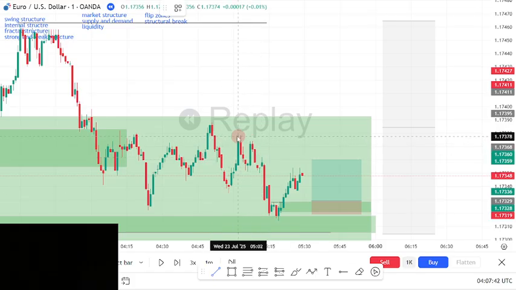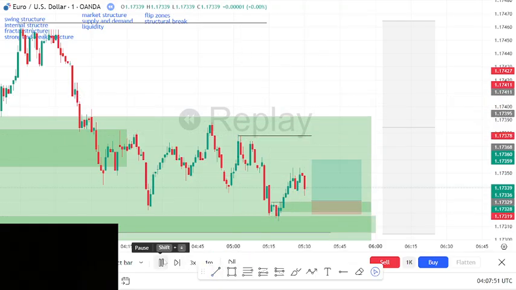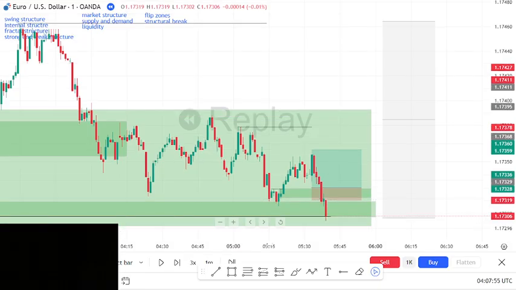Now let's see, we have this block of structure here. So here will be my 1 minute internal high. Okay, this liquidity has been swept.